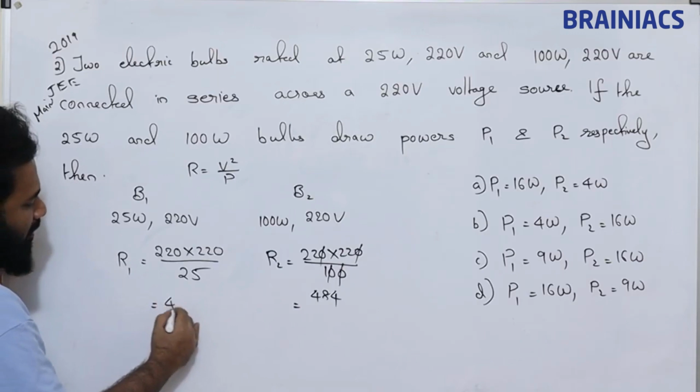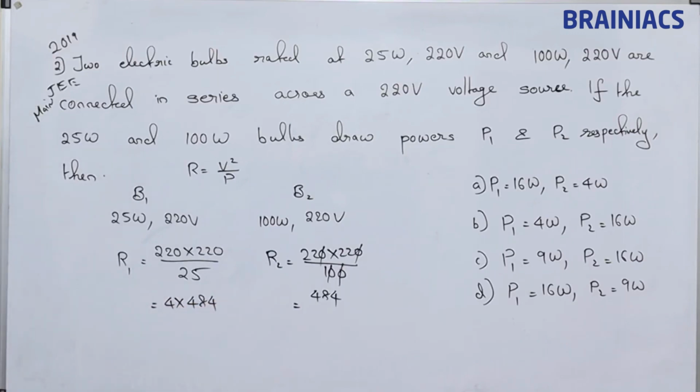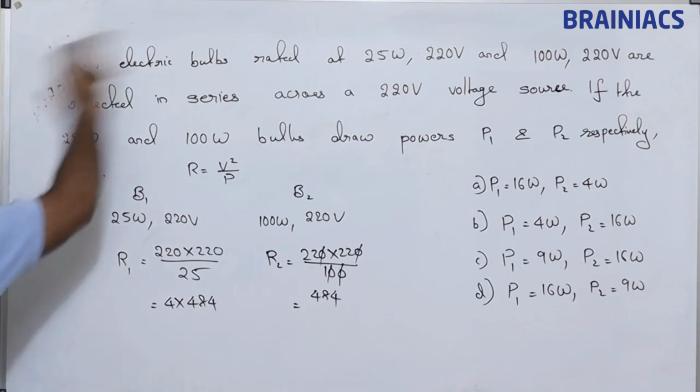So R1 is going to be 4 into 484. So we got R1 and R2. Can you please note it down? I need to erase this. Alright, done.